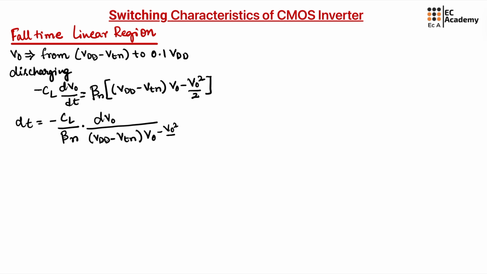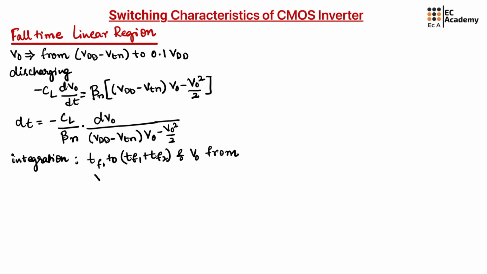Now let us set the integration limit from TF1 to TF1 plus TF2 on time, and output voltage V0 from VDD minus VTN to 0.1 VDD.